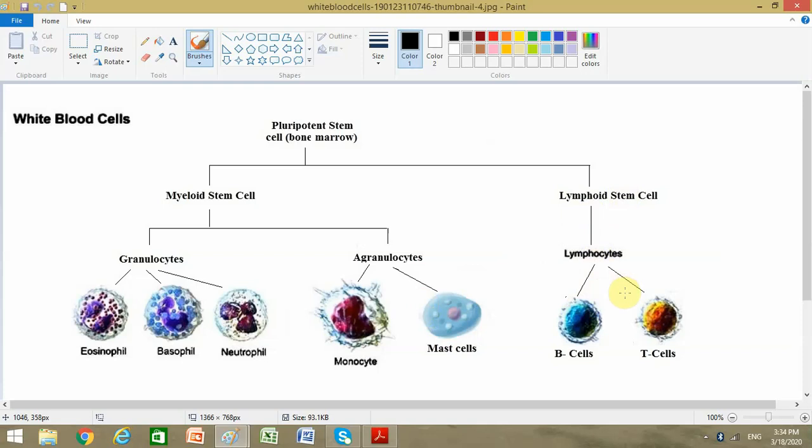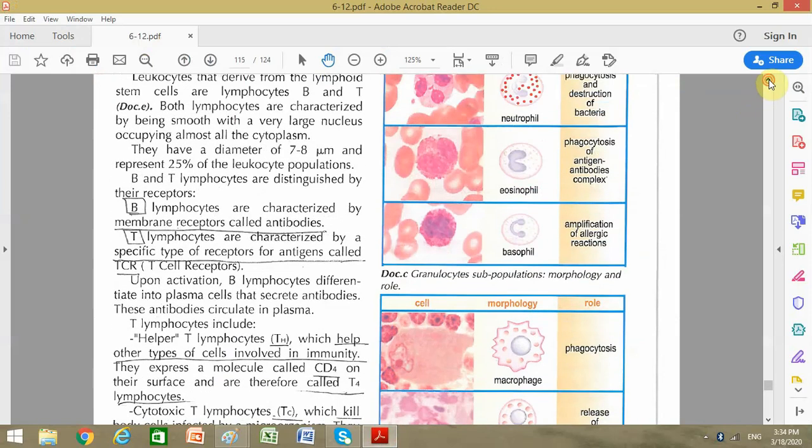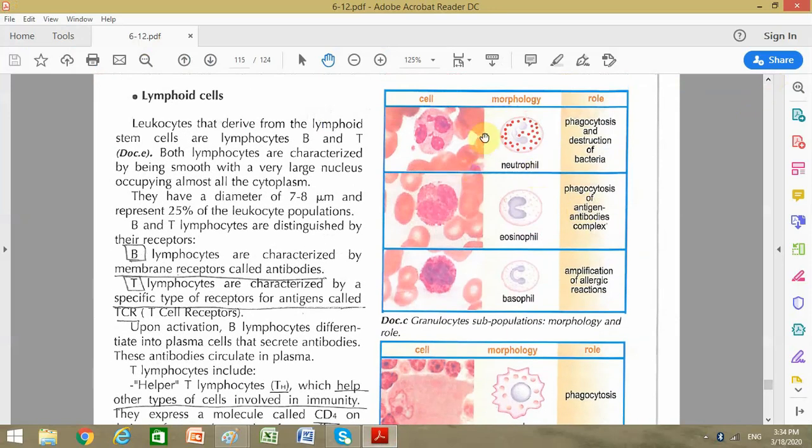So what is the function of each type of these cells? The neutrophils, eosinophils, and basophils, which are the granulocytes, have a function mainly in phagocytosis. Phagocytosis is the engulfment of the antigen, and its degradation or digestion.